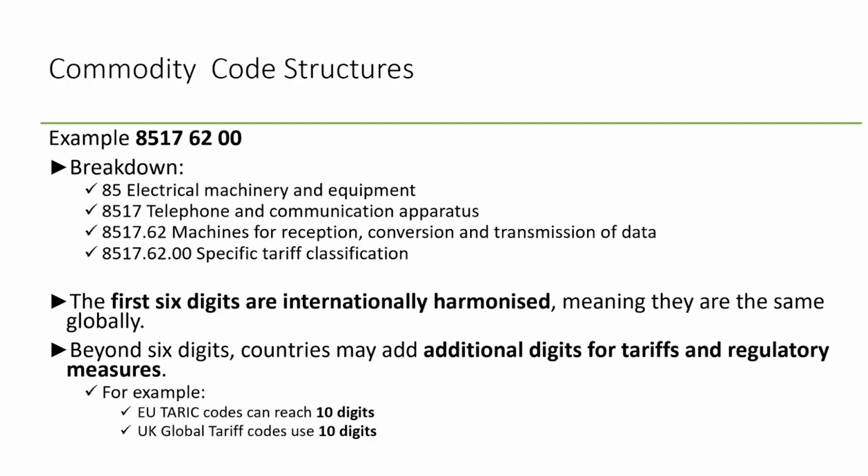So if you're bringing a product in from the US into Ireland and it's got the first 6 digits, they won't generally change, but the next digits will change: 2 digits will be added at the European stage. So then that brings you up to 8 digits.